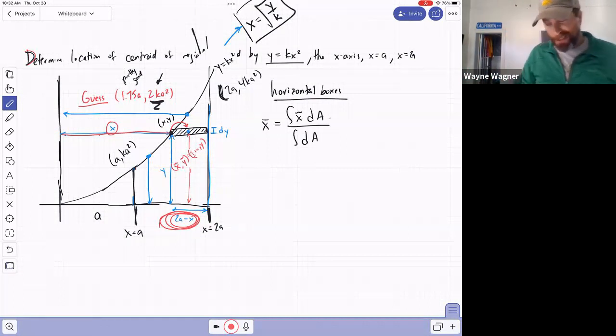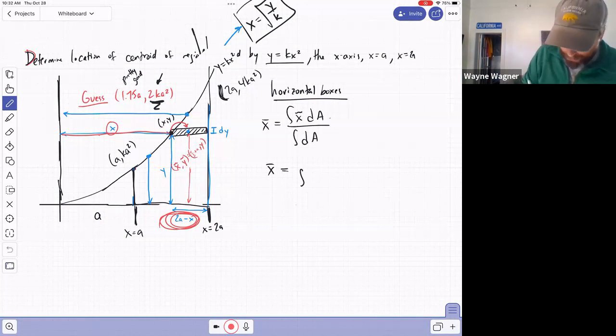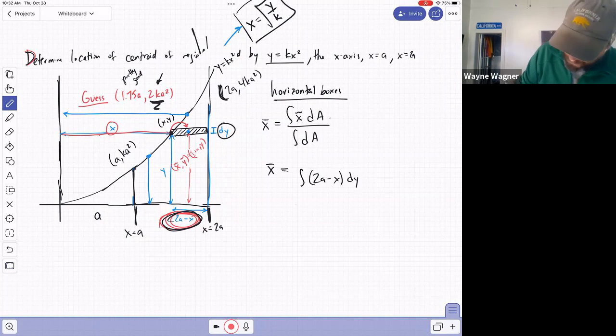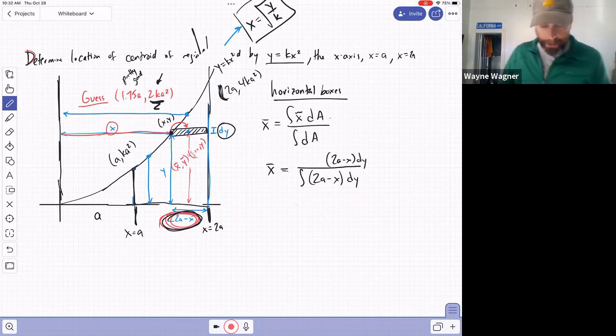Let's just do the bottom first, dA, so that's the area of the rectangle. Well, the area of the rectangle is 2a minus x times dy. And on top, we've still got that same dA, so it's going to be 2a minus x dy. But now I need the x tilde, which is this annoying thing right here, which is x over 2 plus a.